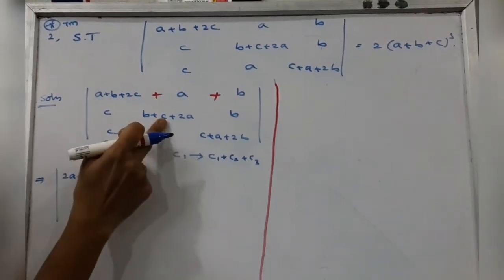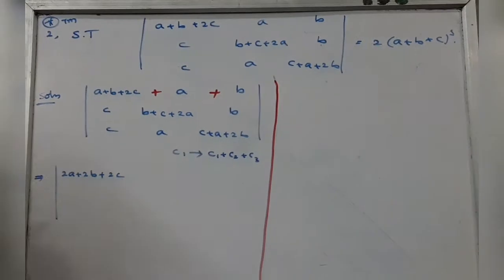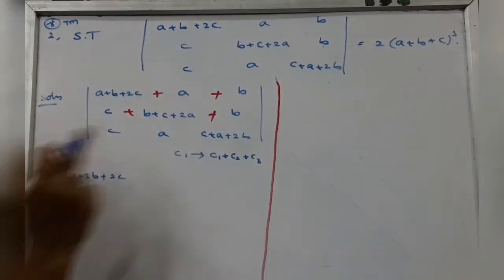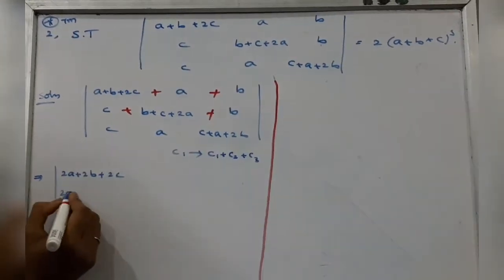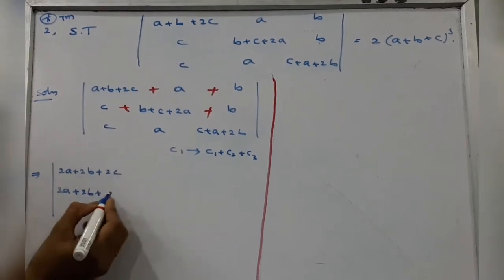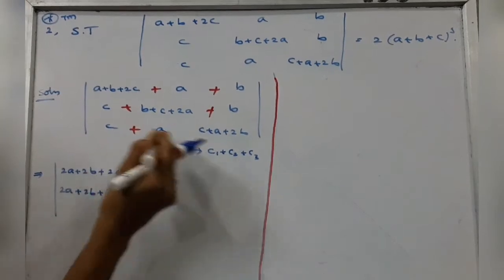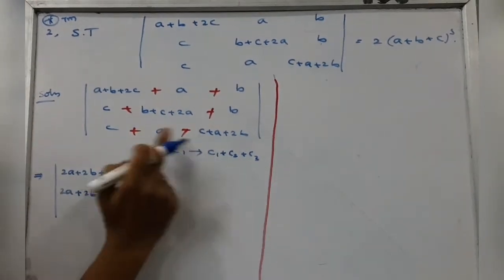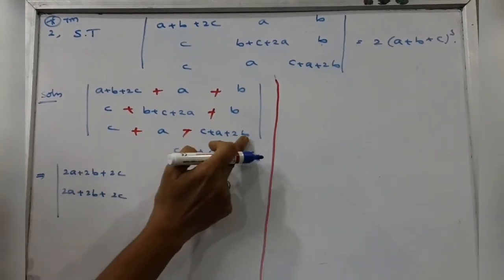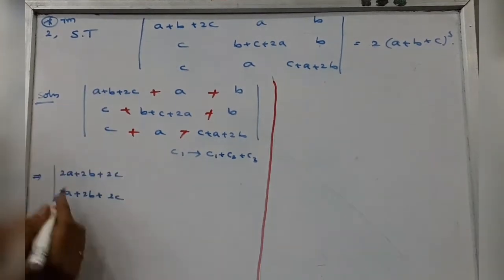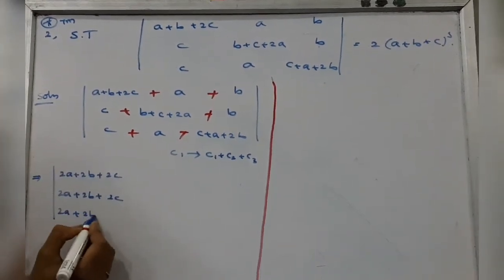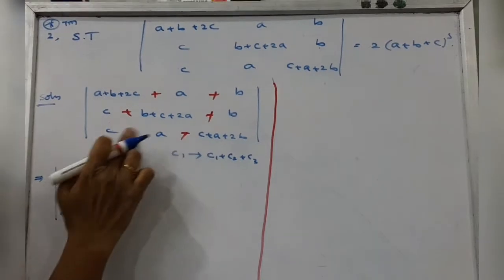Now second row is c plus c is 2c, b plus b is 2b, plus 2a, that is 2a plus 2b plus 2c. Here also same: c plus a plus c plus a plus 2b is a plus a is 2a, plus 2b plus 2c, 2a plus 2b plus 2c.